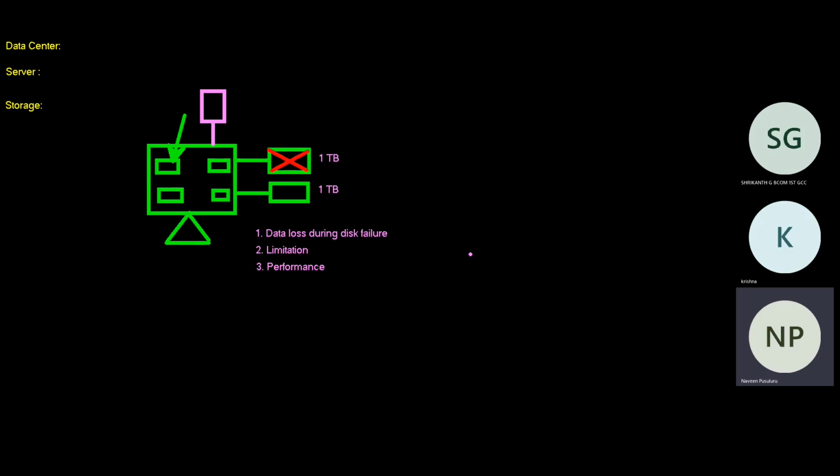When I connected another hard drive, it impacted the performance of my desktop, because the RAM and processor that managed a single hard drive so far now have to manage two hard drives. The RAM and processor that managed 1 TB of space now have to manage 2 TB of space, which puts an extra burden on the RAM and processor, so it will impact the performance.